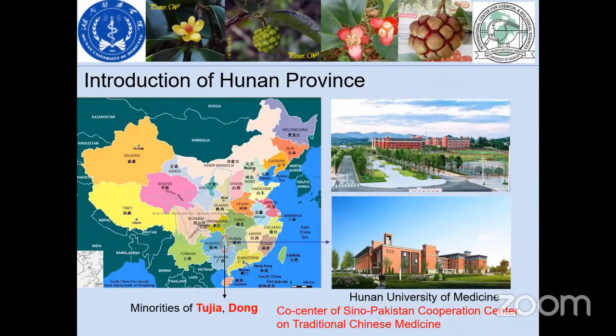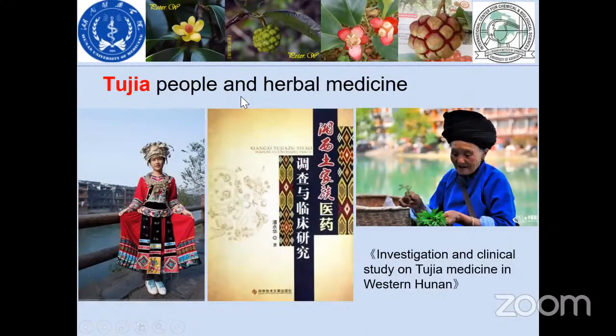So this is my university. It's an introduction of my university and the minority medicine. Firstly, let's start with the Tujia people and the Tujia herbal medicine. This is a book from the Tujia people, its name is Investigation and Clinical Study on Tujia Medicine in Western Hunan. And this old lady is a doctor in the Tujia minority.